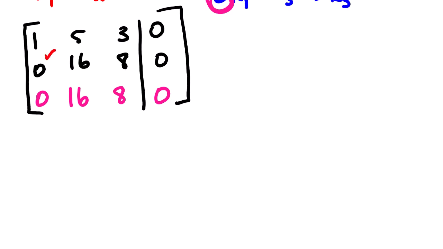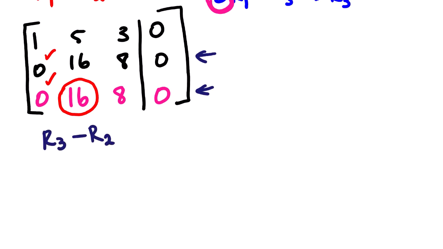We can see that we have 0, 0. We need to have 0 again here. So what operation can we perform in order to obtain that 0? We can see that row number 2 and row number 3 are identical. So we can simply say R3 minus R2 to obtain our new R3.